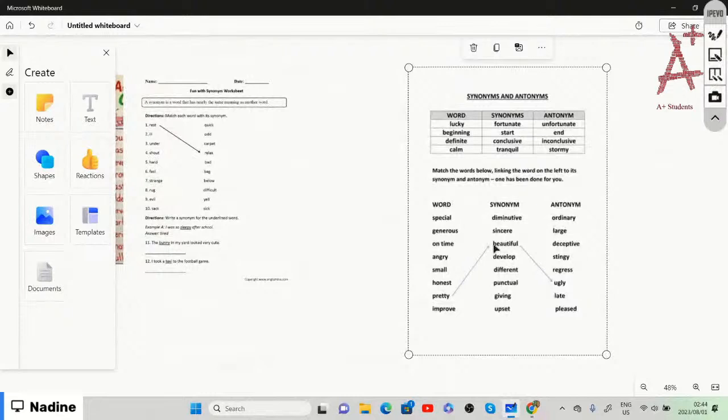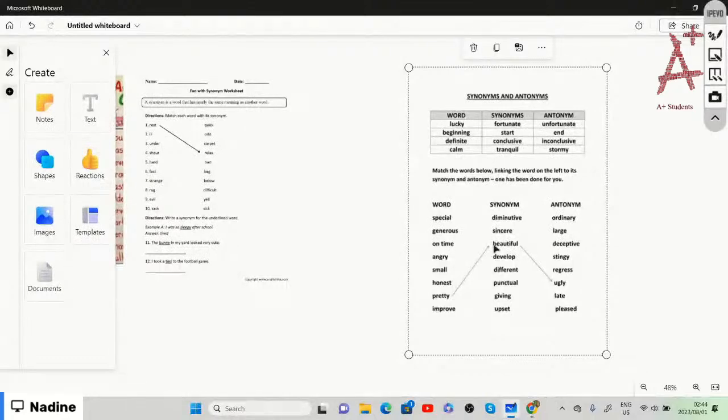So the first word is given to us. We have the word in the middle, which is beautiful, right? So now you need to find the synonym of beautiful as well as the antonym of beautiful. And we say that the synonym of beautiful is pretty. Look at her, pretty, right? So pretty is the same as saying the person is beautiful.